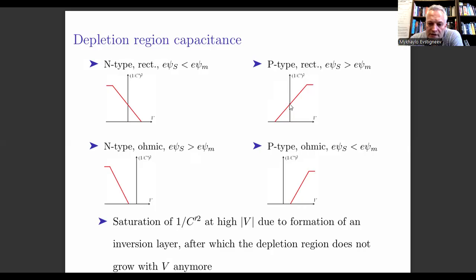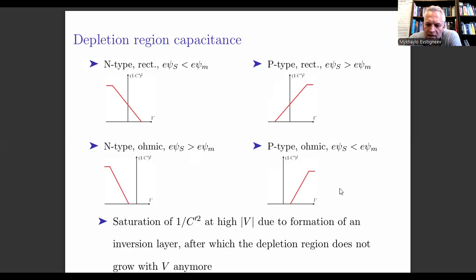If you decrease the voltage starting from 0, so now you go in the negative bias direction, then eventually you will destroy the depletion region. The bending becomes 0 at this point. And if you keep decreasing the bias, there is no depletion region in the semiconductor.